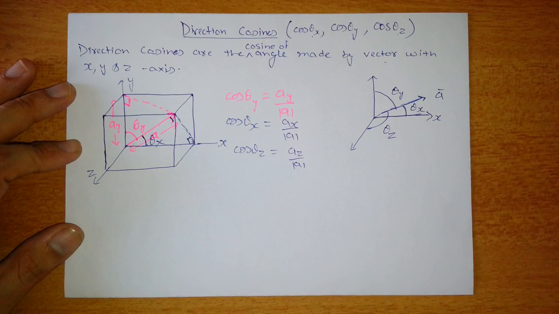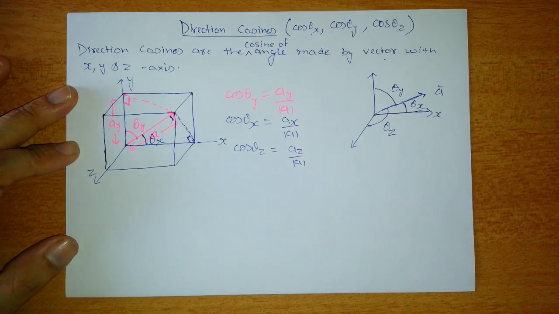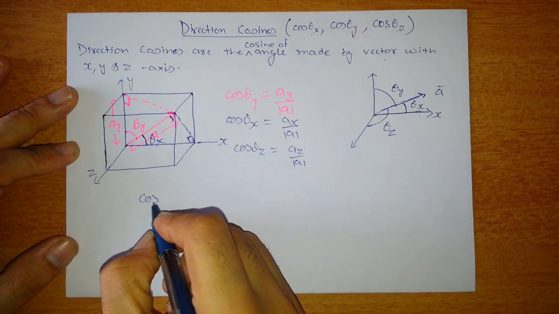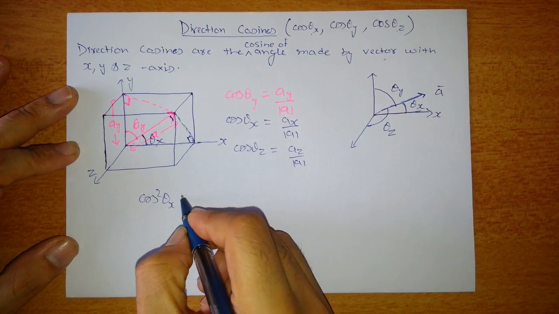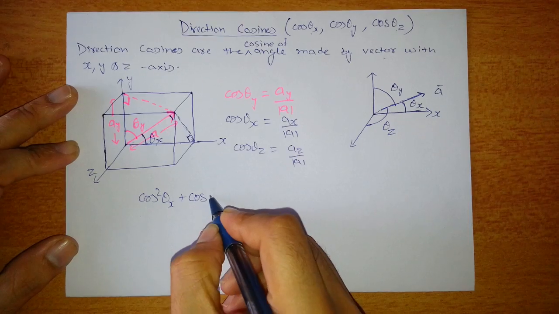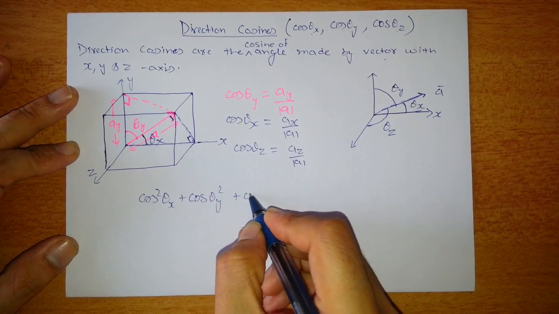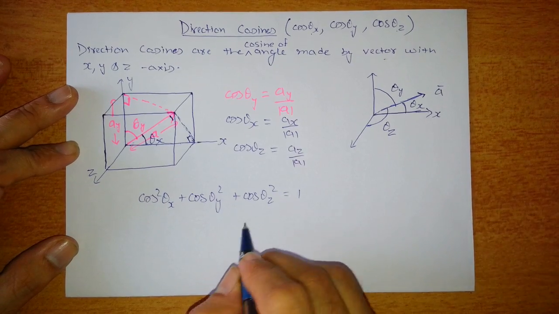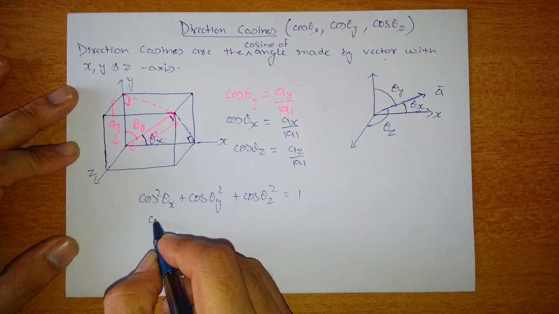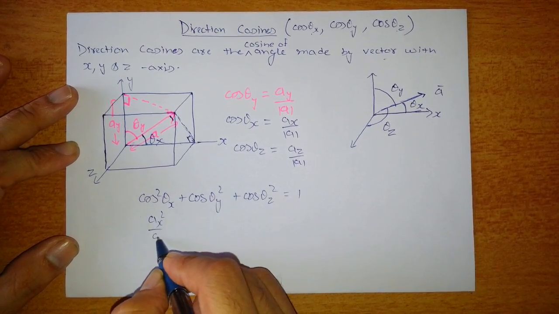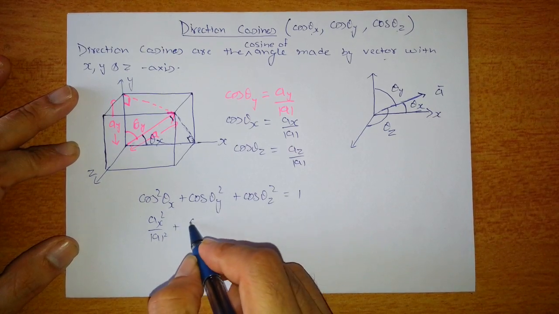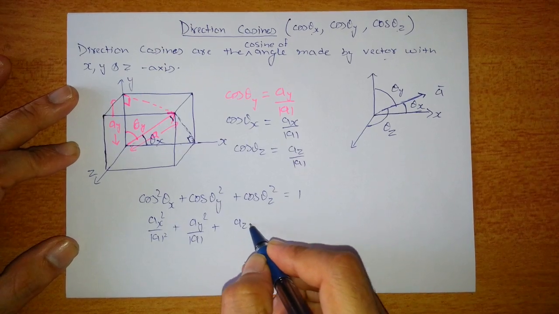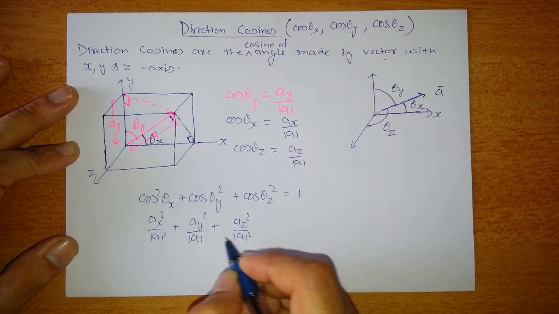So what are the applications? Let's look at the application part. We can say cos squared theta x plus cos squared theta y plus cos squared theta z is nothing but 1. How? This will be ax square by mod of a square, similarly ay square plus az square by mod of a square.